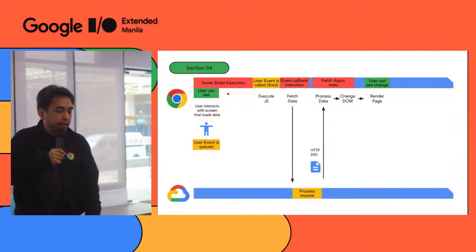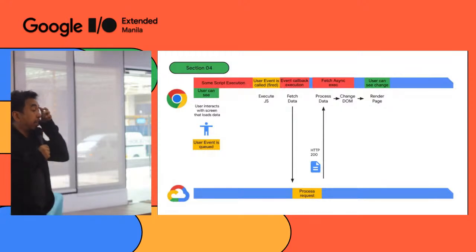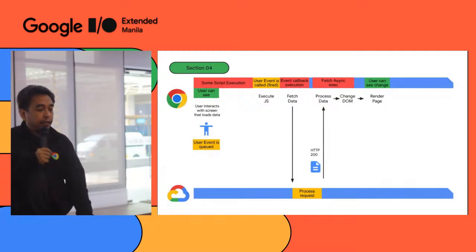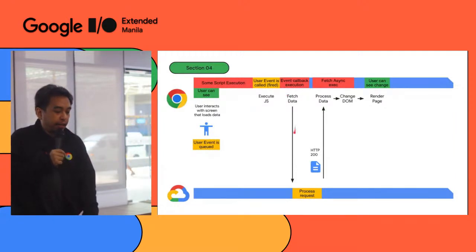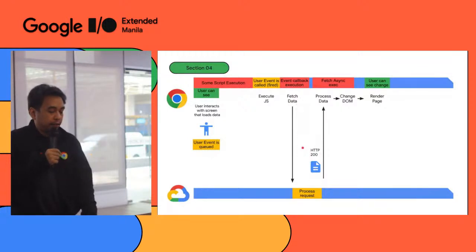Now, once naman na-execute na yung JavaScript, if there's a needed fetch ng data, ito yung mangyayari. There is a delay on the execution of the event kasi may kukunin kang data.